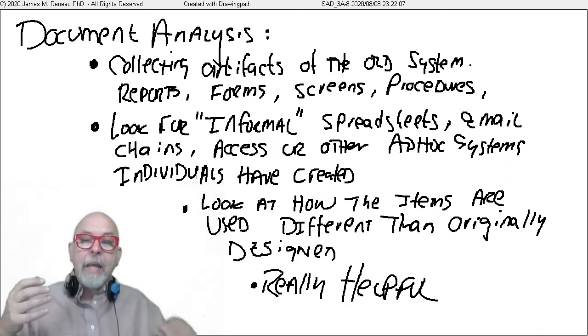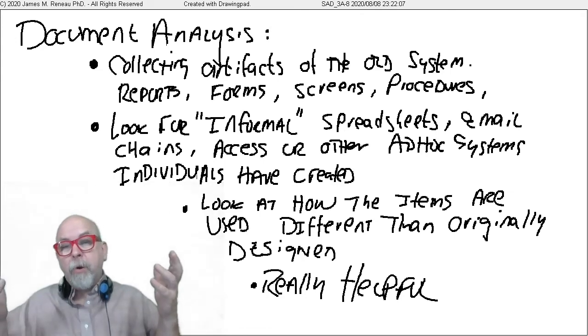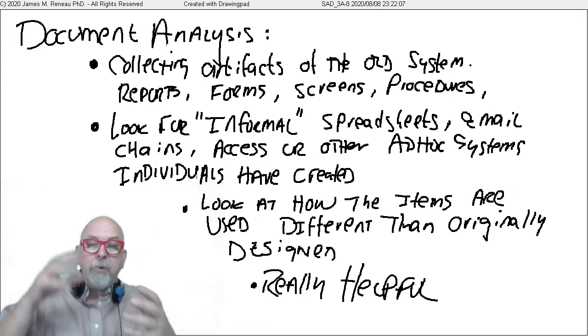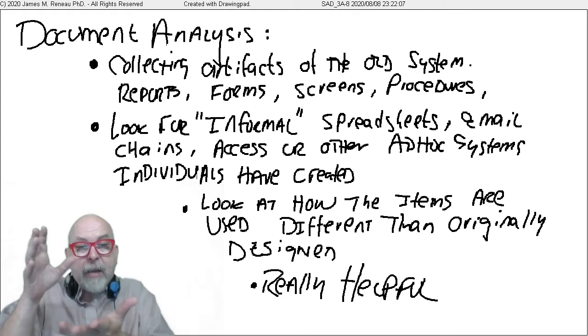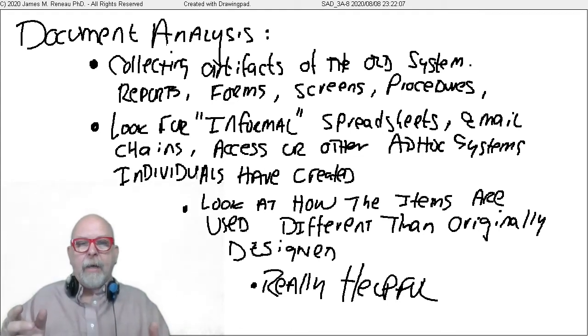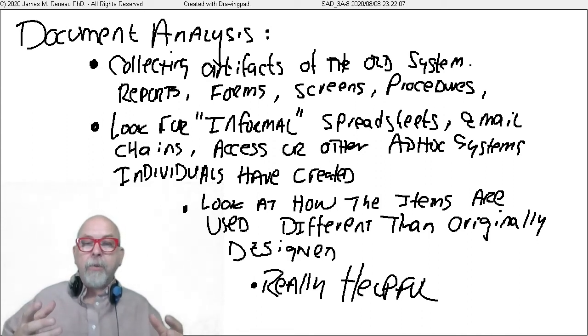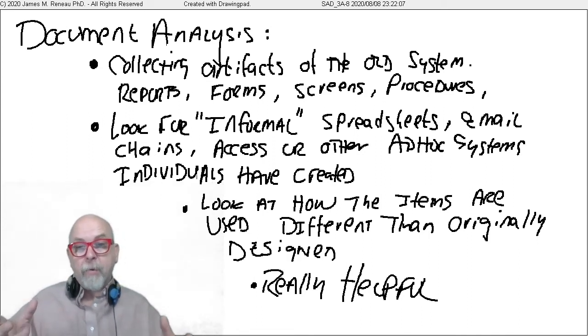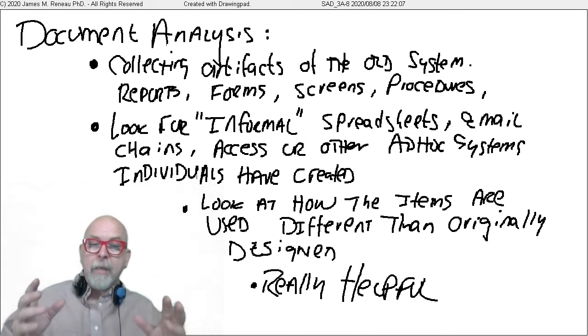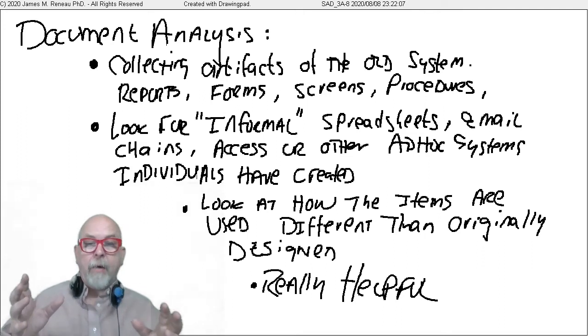Or they take data from this report and they massage it together into something that they really need. So look for how tools and processes that were originally designed are used in a way that isn't the way they were originally designed. And this document analysis process is extremely helpful.